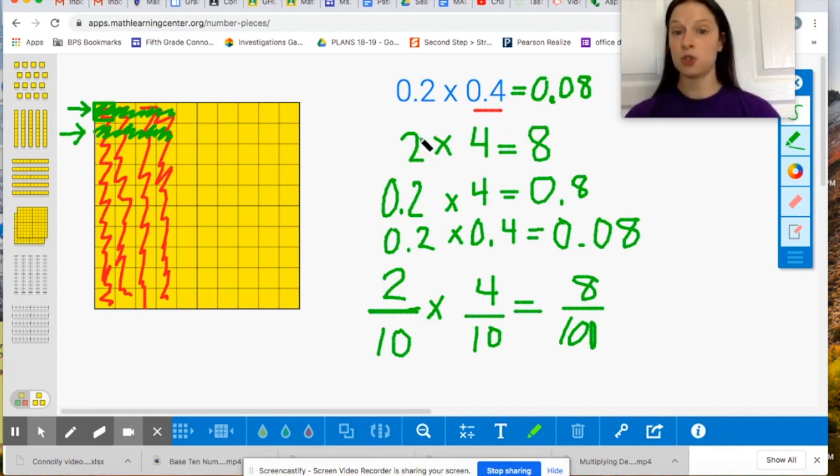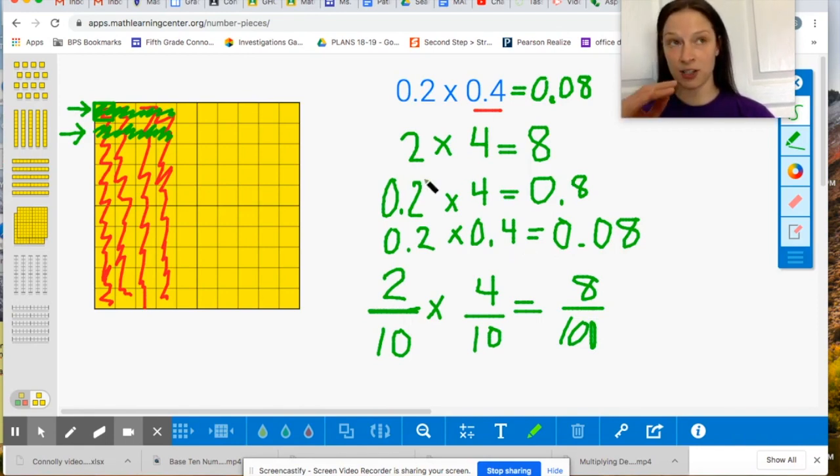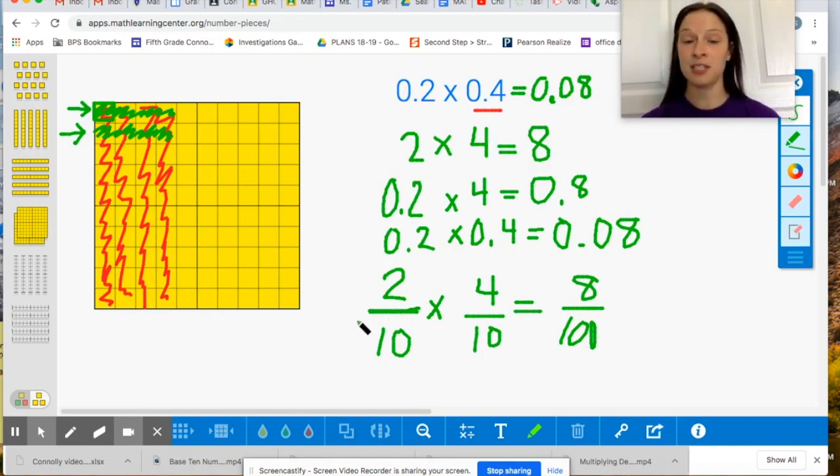But since 2 got 10 times smaller and became 2/10, and 4 also got 10 times smaller and became 4/10, our product got 100 times smaller. Each time a factor gets 10 times smaller, the product gets 10 times smaller. And if we do 10 times smaller and then 10 times smaller, that's 100 times smaller. The last thing that we did was we thought about writing them as fractions, and that helped us.